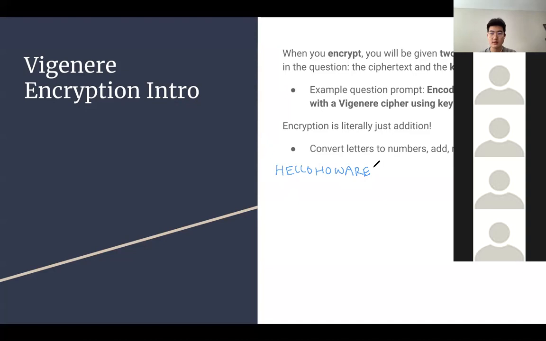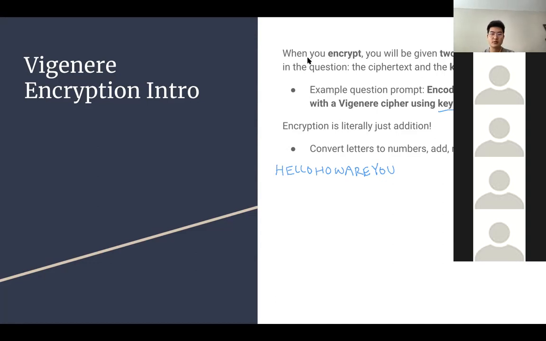They don't impact how you do your math, so it doesn't really matter if you put them in or not. So it says, hello, how are you without spaces. And then it says we have this keyword loca. Keyword doesn't actually have to be a word. Technically that's a word in Spanish, but I just put something random in there.